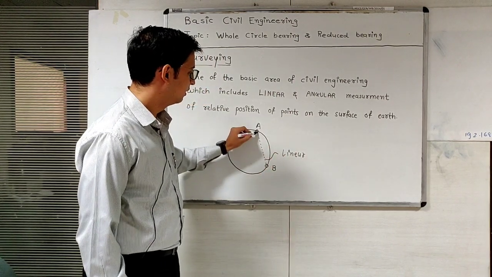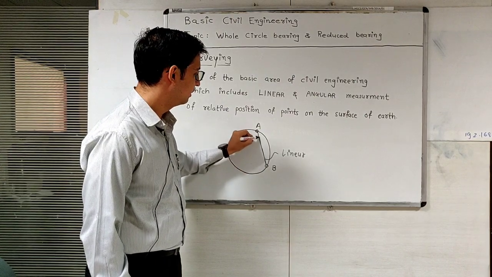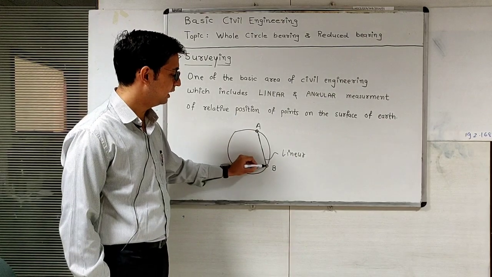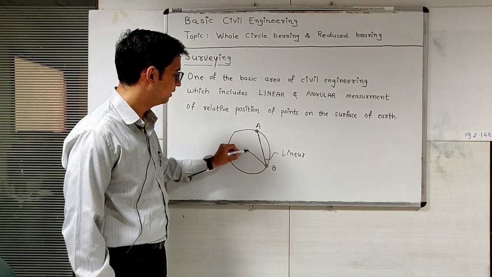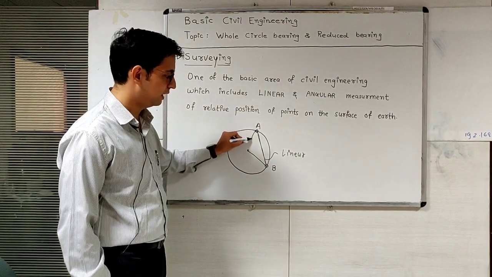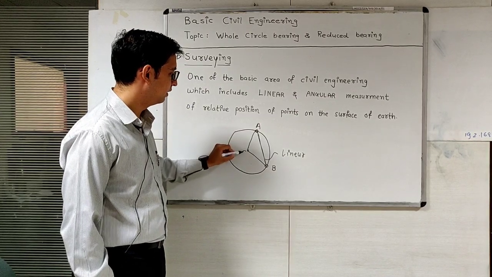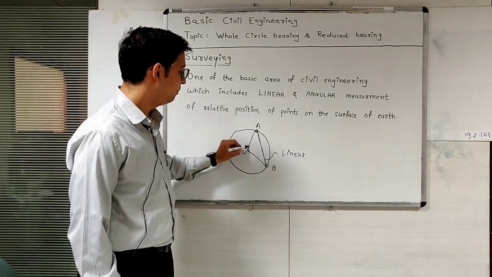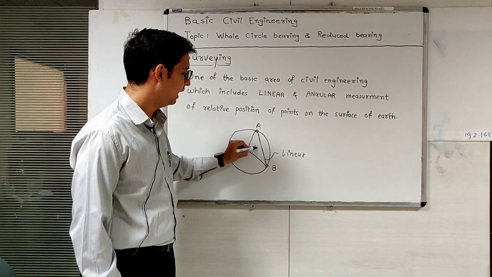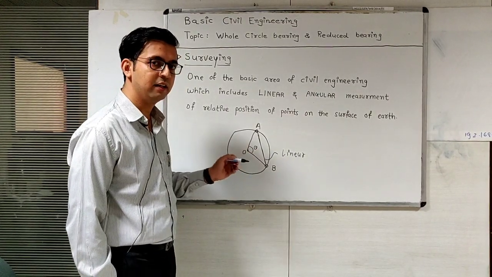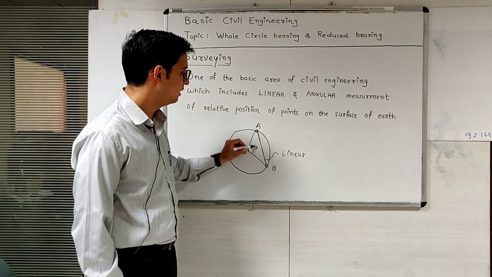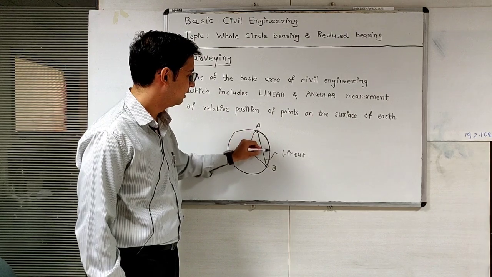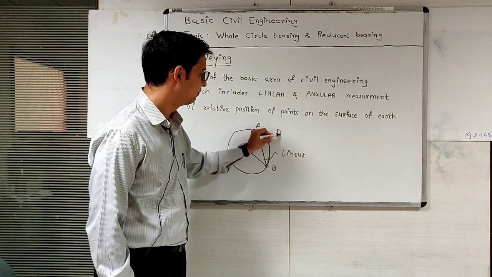For angular distance, extend point B to the center of earth and point A to the center of earth. The center of earth is O. The angle made by the OA line and OB line, let's say it is theta. This angle will be called the angular distance.